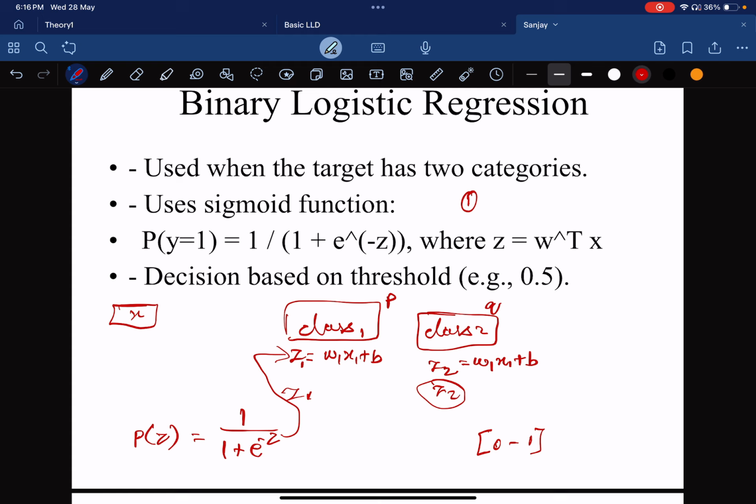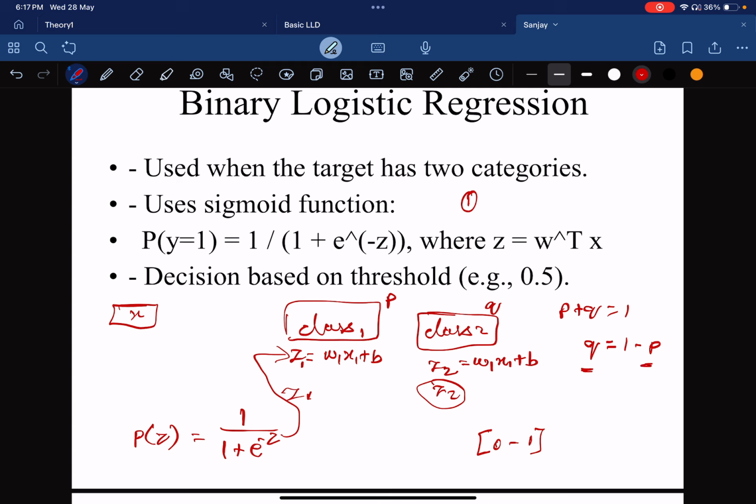The overall probability is 1, so if we sum the probability of the data belonging to each class, it is always equal to 1. Let's write that p plus q equal to 1. If p plus q equal to 1, I can rewrite the equation for q as q equal to 1 minus p. This means I can find q based on p.